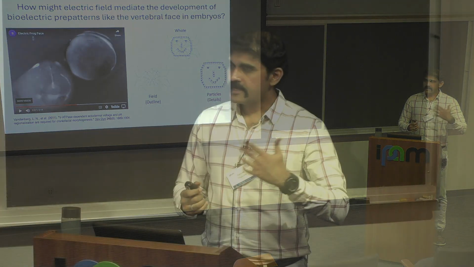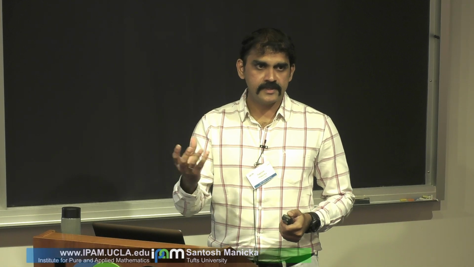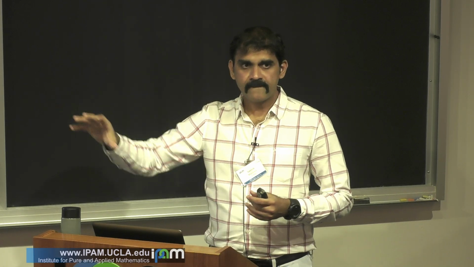I guess from a high-level perspective, what it means is that a lot of patterning happens in the long range. Like you might think that if you see an eye forming, it may be due to the gene activity in that region, but it may be the case that it's actually being triggered by cells far away.